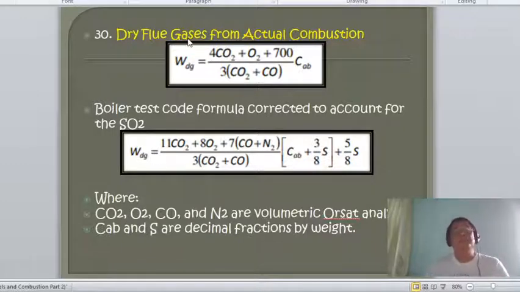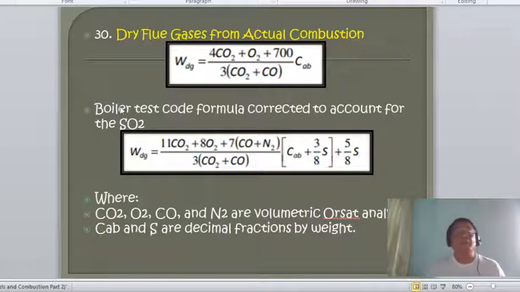CAB. The boiler test code formula is corrected to account for sulfur dioxide, because in the previous equation above, sulfur dioxide is not included. It is impossible for a product of combustion to be without sulfur content or sulfur dioxide content.